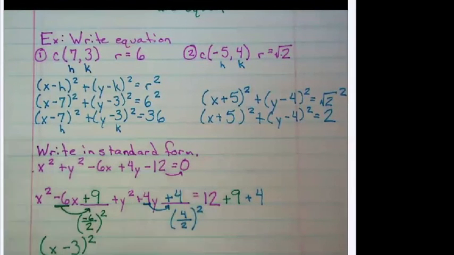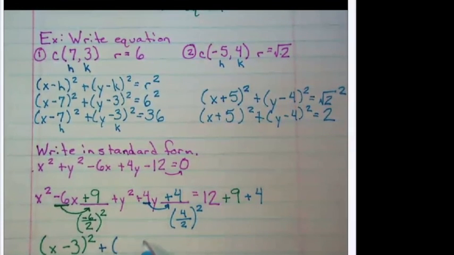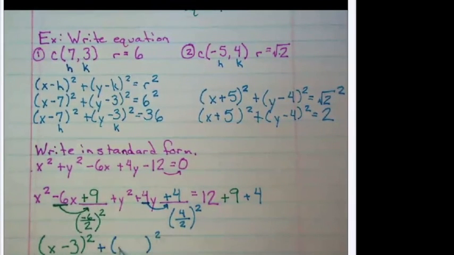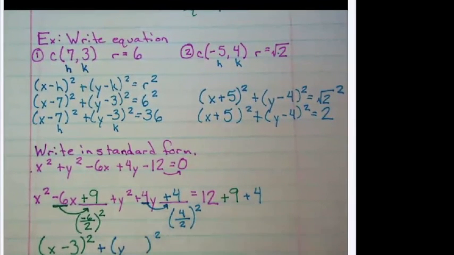Now we do the same thing for the y value. If we factor this out, factors of 4 that add up to give us 4 are 2 and 2. 2 times 2 is 4. 2 plus 2 is 4. So this is going to be y plus 2.